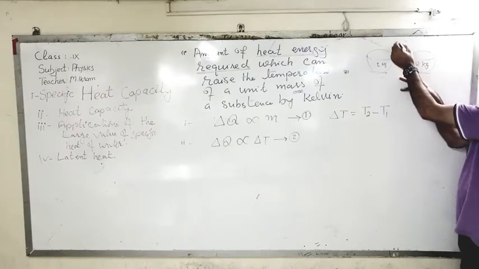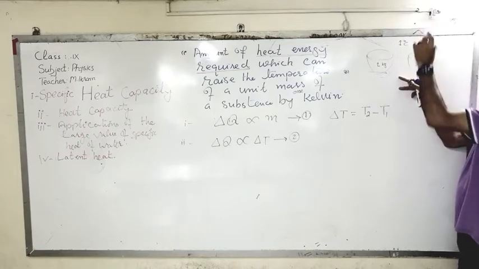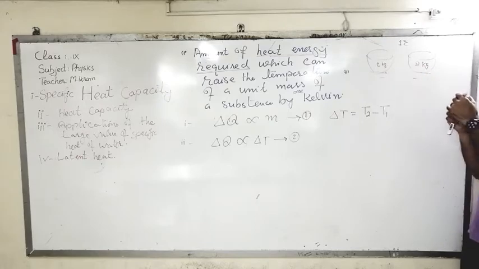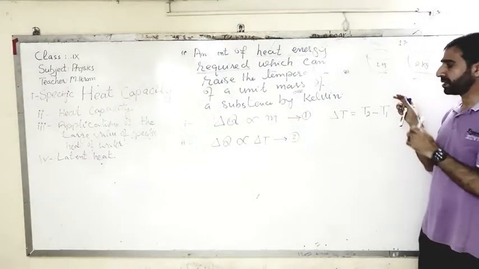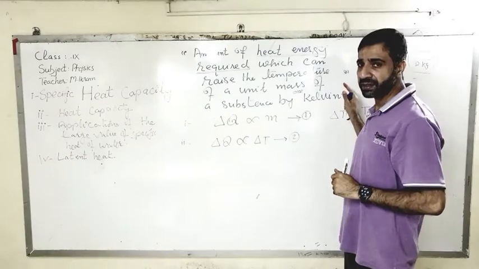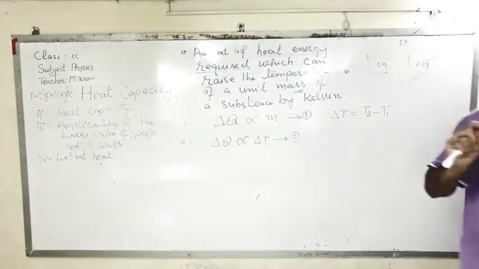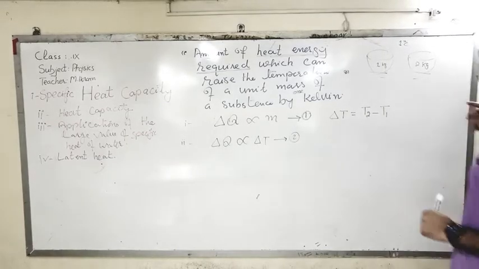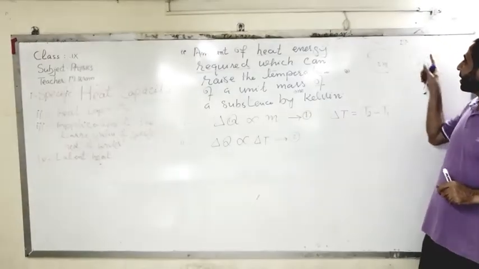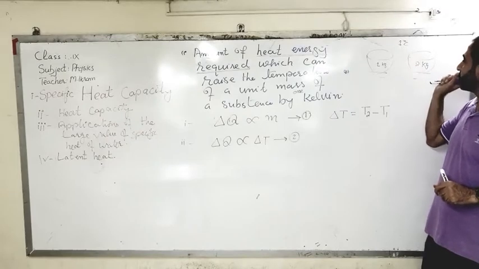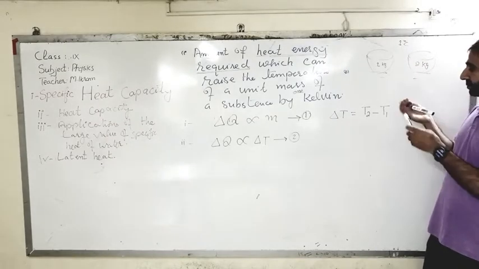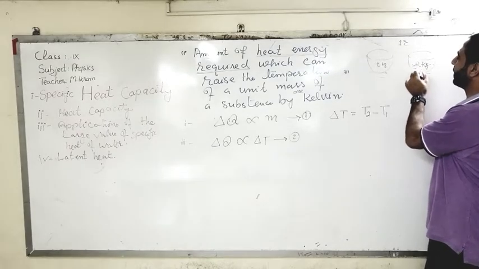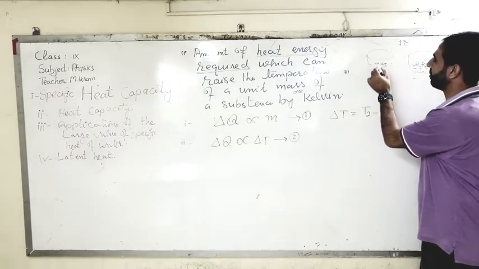So for the same 1 degree rise in the temperature, if it is at 17 and this is also at 17, then for the same 1 degree rise in temperature, 2 kilogram of water requires double the heat energy of 1 kilogram of water.